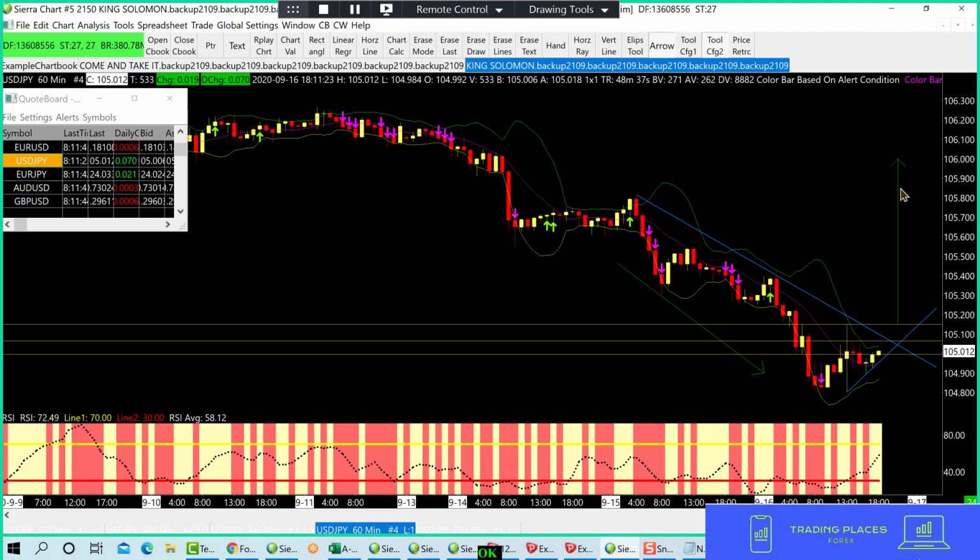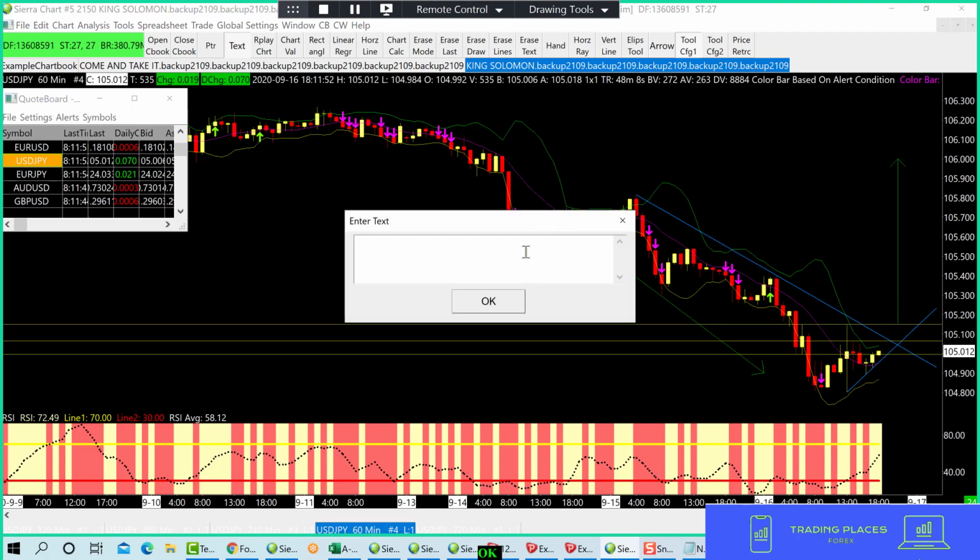Okay, so we'll see what happens here, but let's put a text here. Looks like it may go north, but be cautious with resistance.